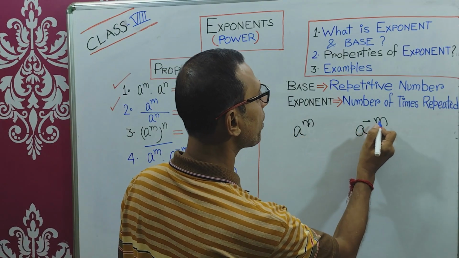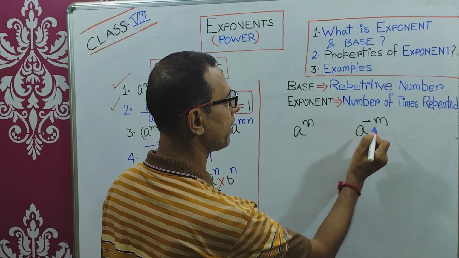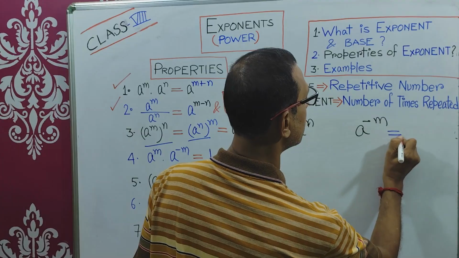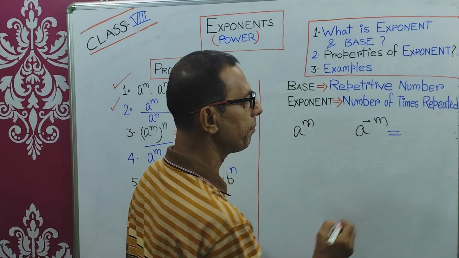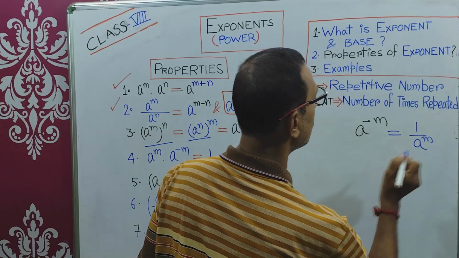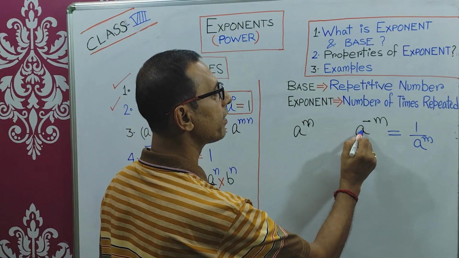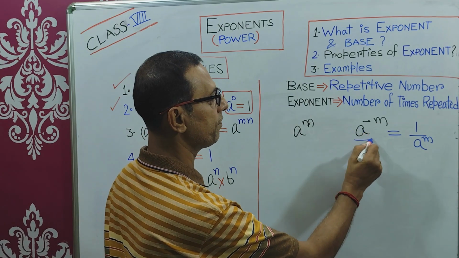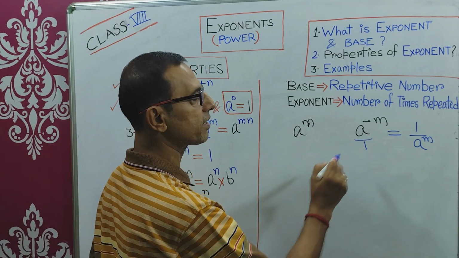But for a to the power minus m, you cannot have a negative count, right? So you can say it like this: a to the power minus m means 1 by a to the power m. So a is at the numerator, and if there is nothing in the denominator, that means that is 1.